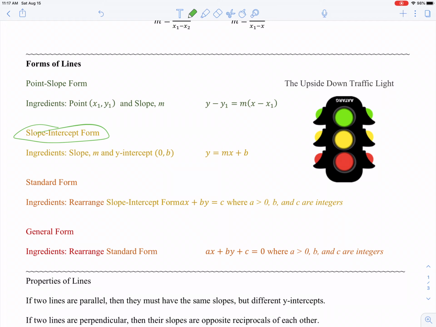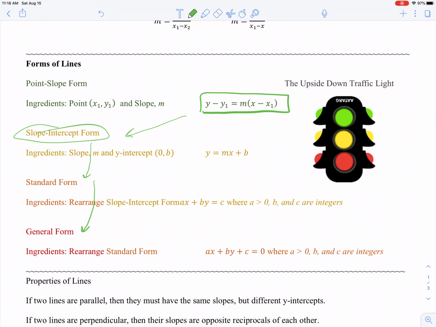So point slope form, it's not always the most comfortable, but it's actually going to turn out to be the most convenient, the easiest to work with, I should say. I have the upside down traffic light because this order is how you'll go from rearranging from one to the other. So point slope form goes to slope intercept form, then slope intercept form goes to standard form, and then standard form goes to general form.